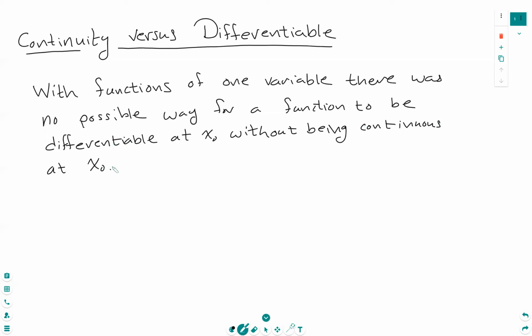Right? So if the derivative existed, that meant the limit from the left and the right of x naught existed for this differentiation limit. So that implies that the function is certainly continuous at that location. So if we have differentiability, it implies continuity. Okay.